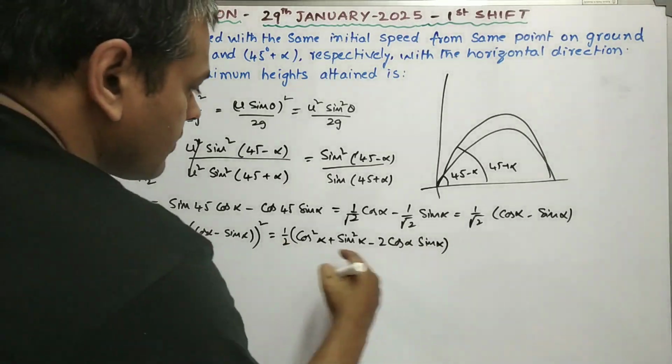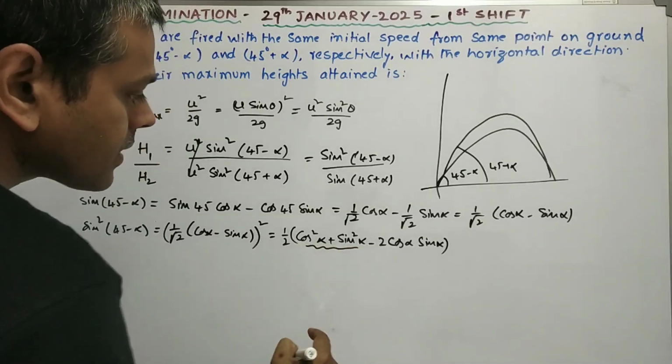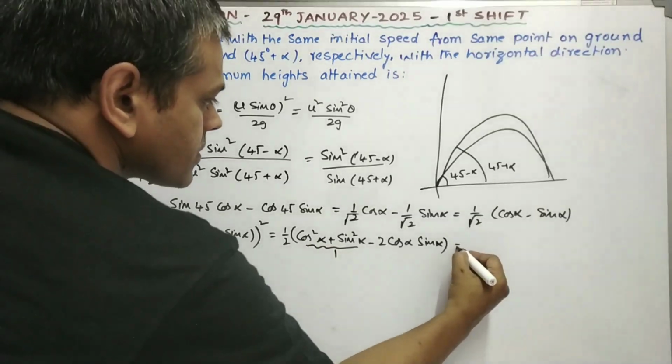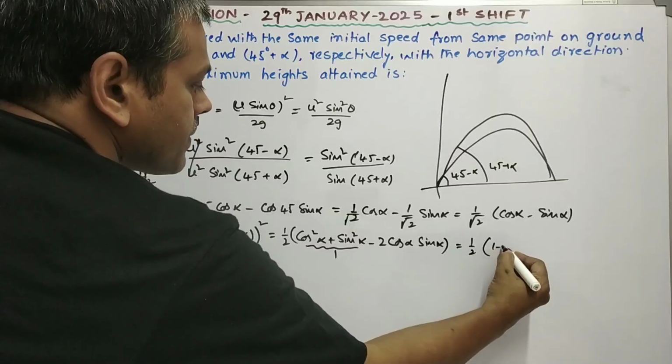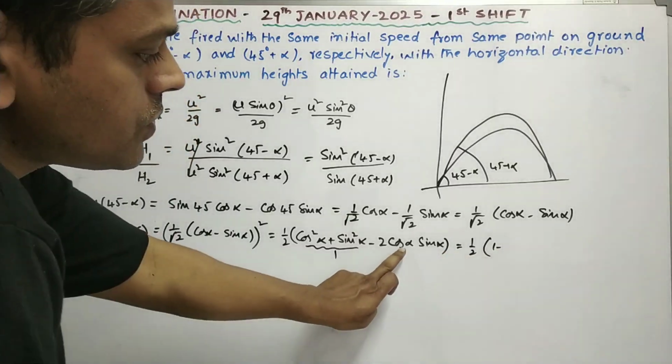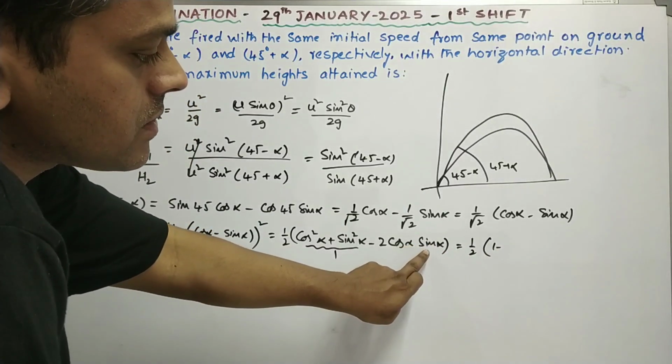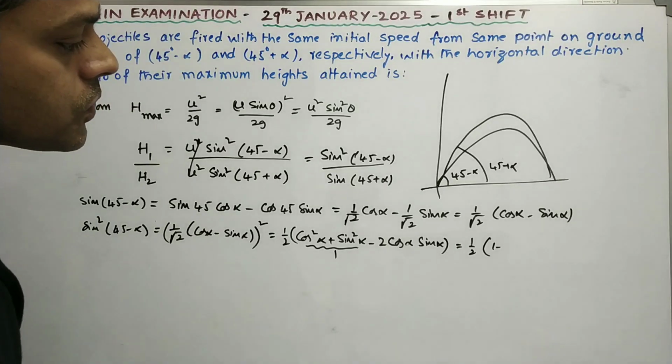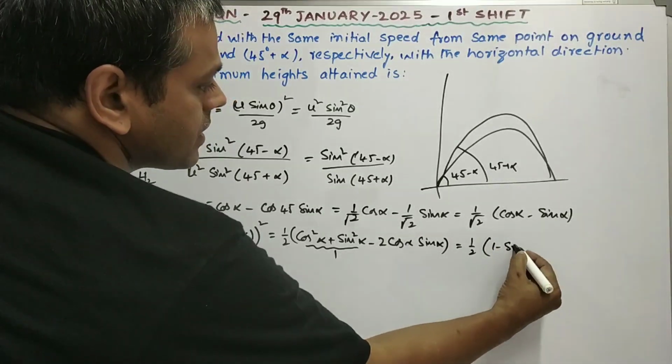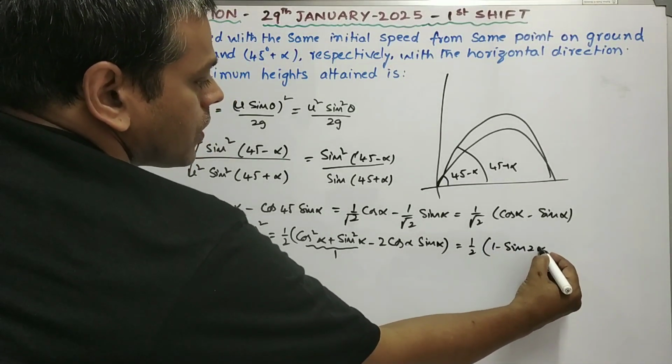So cos square theta plus sin square theta equal to 1, which gives 1 by 2 of (1 minus 2 cos alpha sin alpha), that means 1 minus sin 2 alpha.